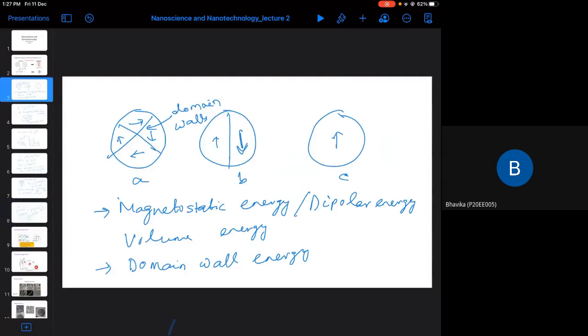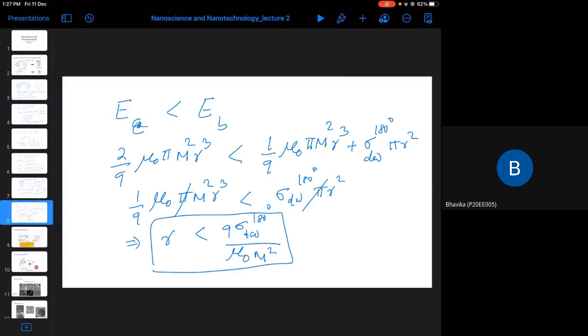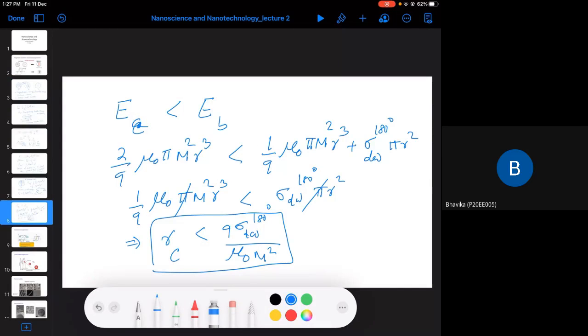Okay, so similarly you can do the same thing for case A as well, and we can calculate a critical radius for which you will have a single domain particle. So if you substitute these values, typically this radius will come to be a few nanometers.